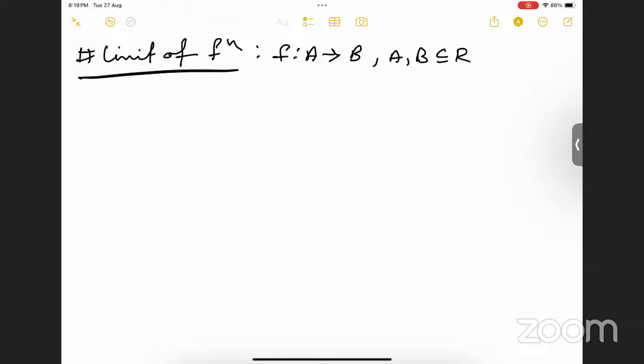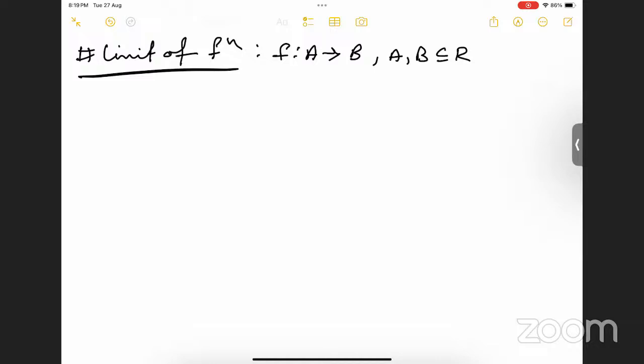Yes, ma'am. This is a general case. So limit of a sequence is basically a particular case of limit of a function. In limit of a sequence, we use n tends to infinity, but in functions, we can use various things: x tends to 0, x tends to 1, any real number.